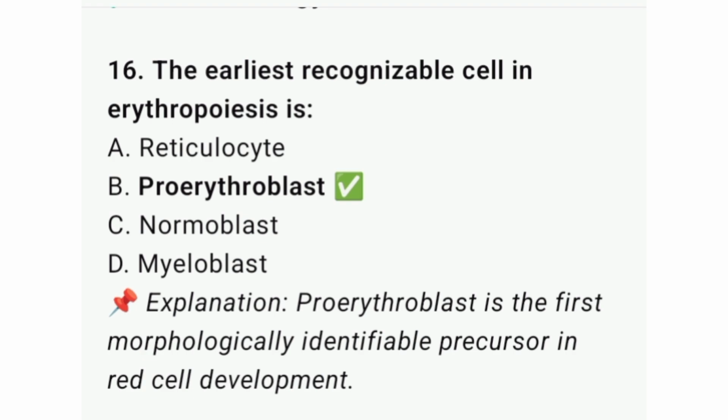The earliest recognizable cell in erythropoiesis is the proerythroblast.